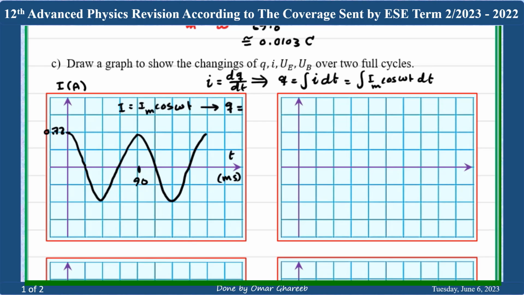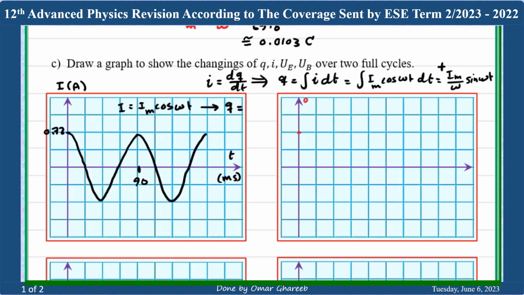What is the integration of the cosine? Yes, it is sine, and with omega, it is sine over omega. So the answer is I maximum over omega sine omega t. Here the function is positive, so the charge will have a positive sign, not negative like the previous question.